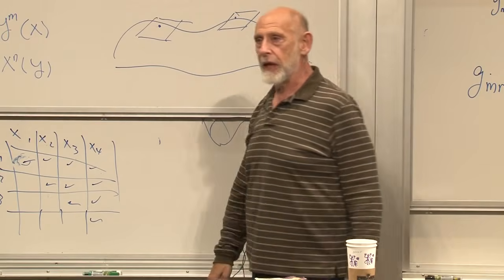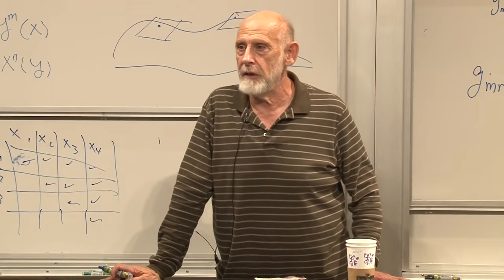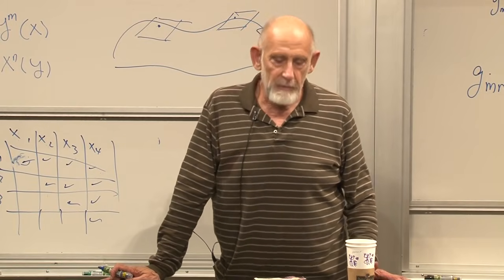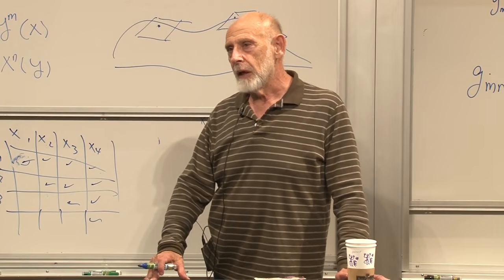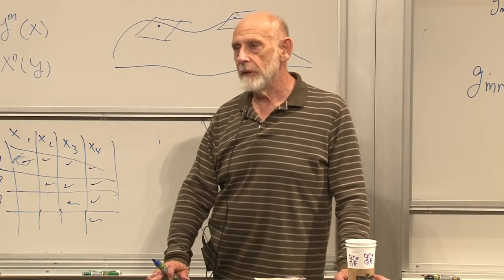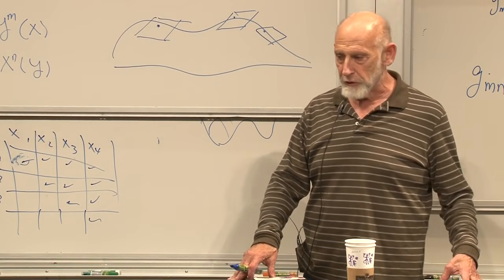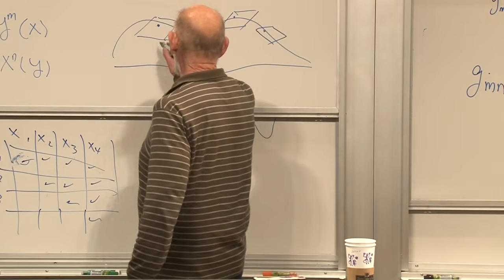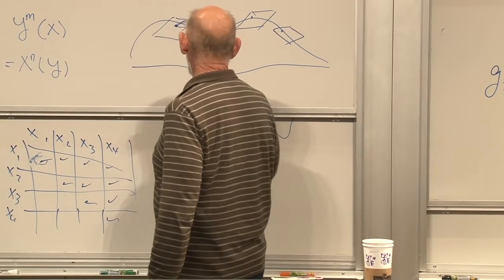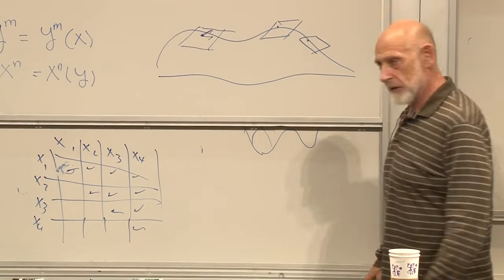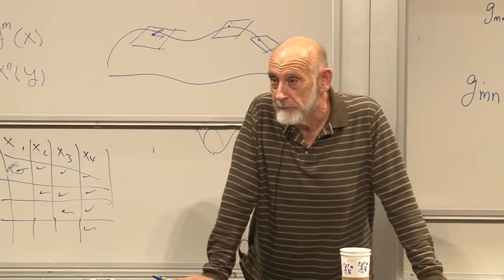A mathematician would say that these tensors live in the tangent space. I don't know if that helps you or not. It does help, okay. The tensors, vectors, and so forth live in the tangent space. They have components in the tangent space, and that's the mathematical way to describe the space that they live in.